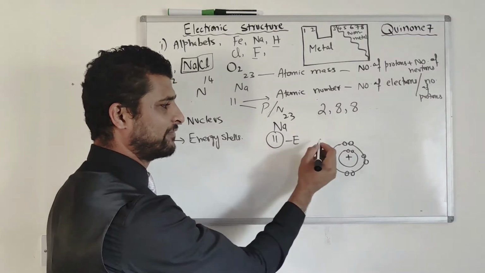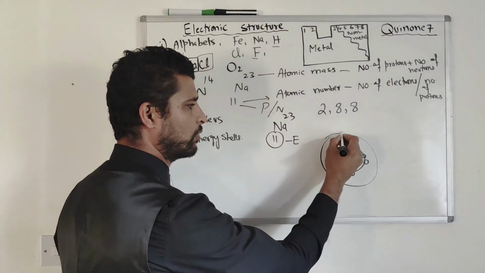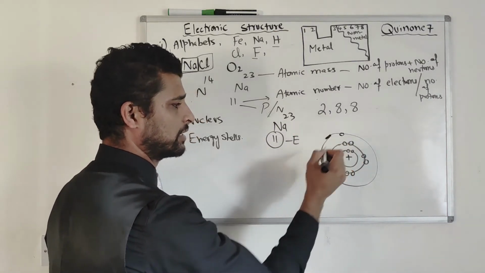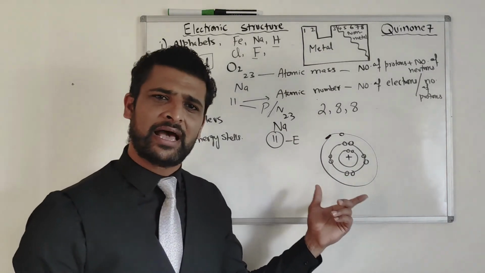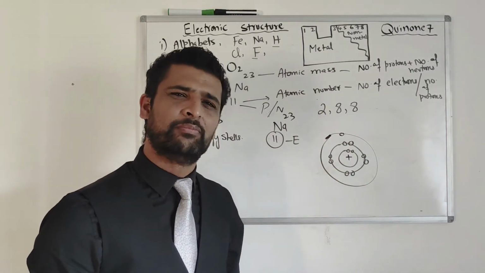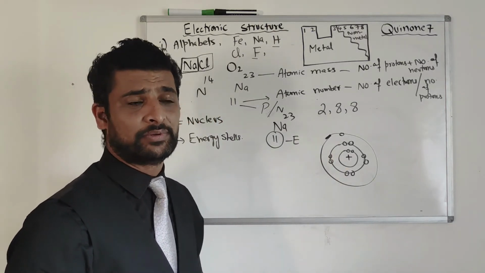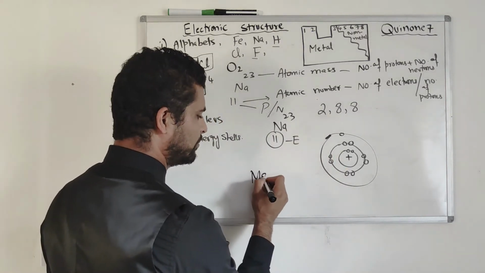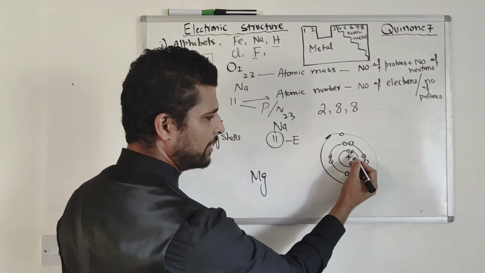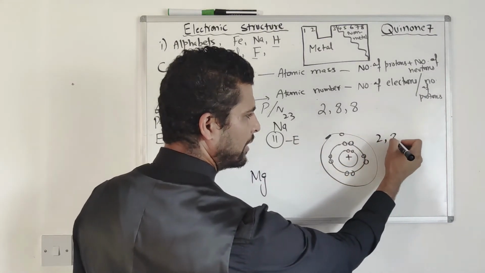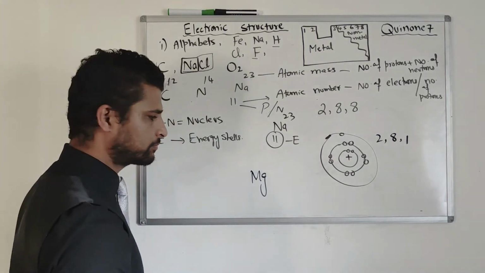Then you've got 1 left out of 11. So 1 will go in the last shell. Yes, it can have 8 electrons, but at the moment it's going to hold only 1 electron. So for sodium I can write this down as 2, 8, 1.